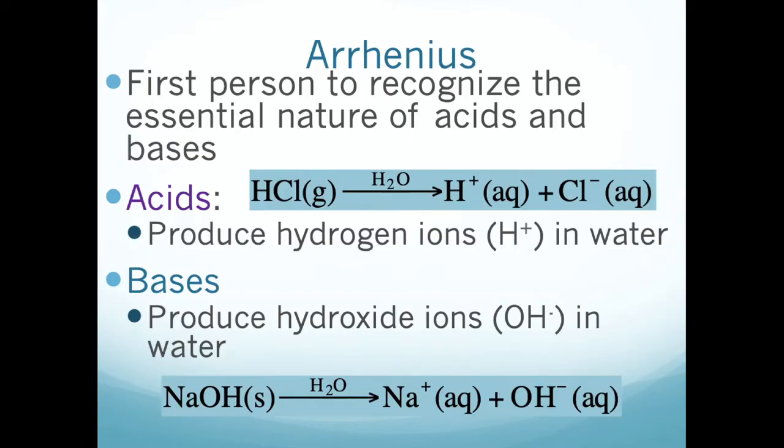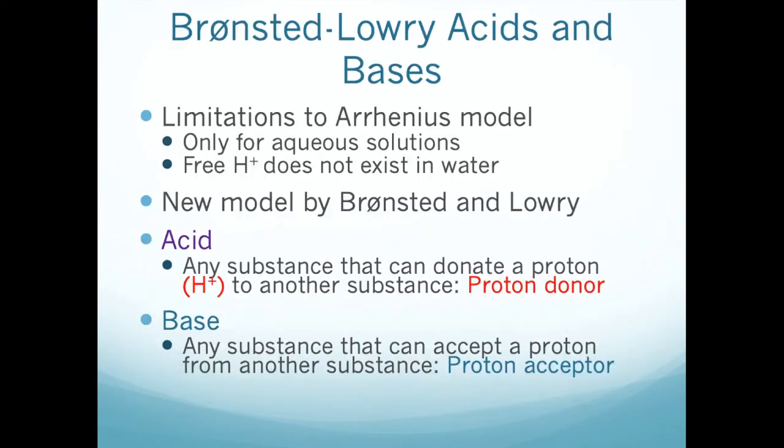However, the next definition we're going to look at, the Bronsted-Lowry definition, is probably going to be the more useful one for you in this class and probably future chemistry classes as well. The problem with the Arrhenius model is that it limits us to just your typical acids, your typical metal hydroxides as bases, and how they behave in water.